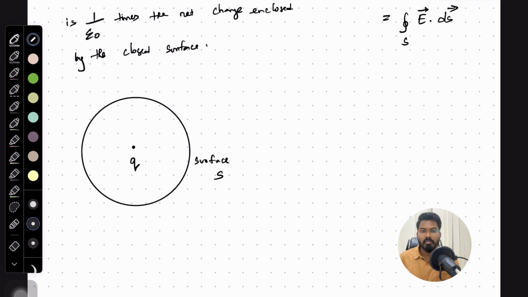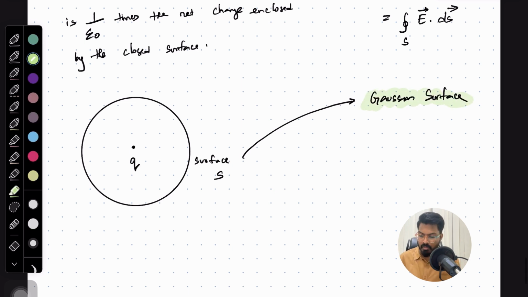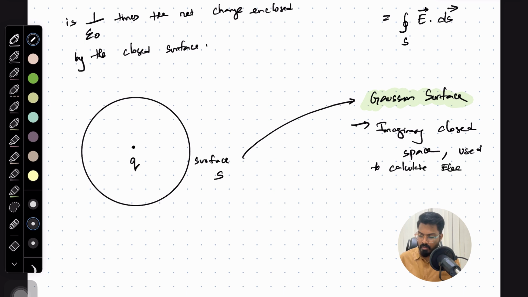Now this surface is a Gaussian surface. What is a Gaussian surface? It is not a real surface. It is an imaginary closed surface which is used in Gauss law to calculate the electric field due to a given charge distribution.